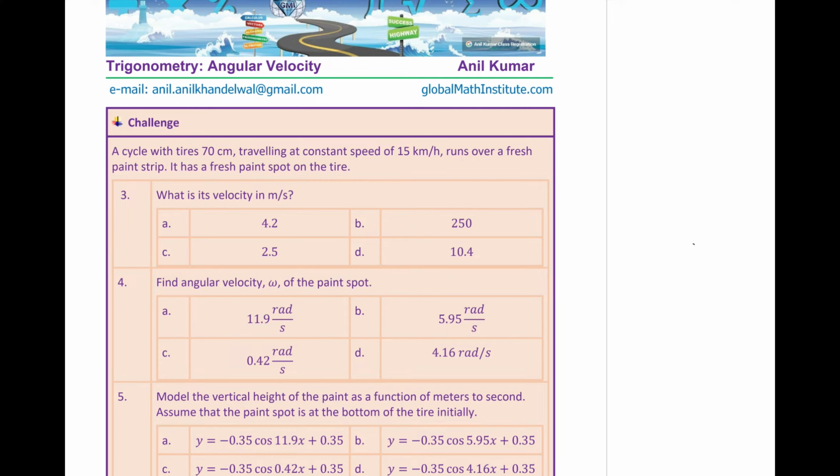So in this particular situation, we'll assume that if that is the bike, right? So let's say we got the paint here. So it moves. We'll model the height of the paint with time and distance covered. So that is the question.